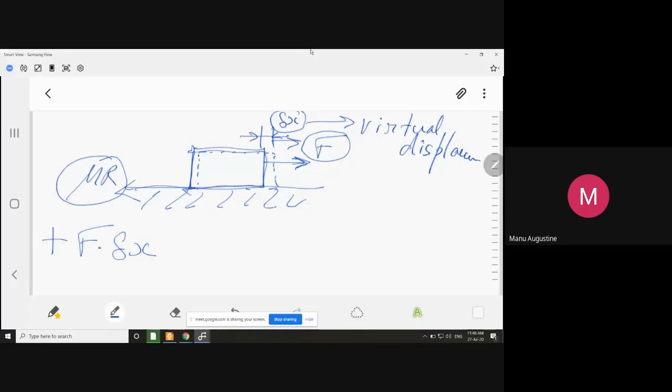What is the virtual work done by the force of friction? So minus mu R dot delta x. So this is the correct answer. So this is virtual work of friction.